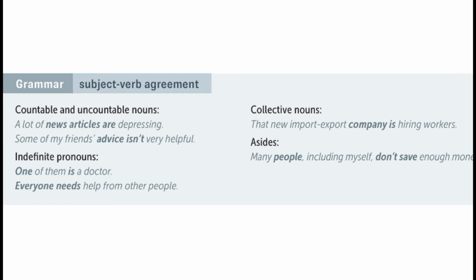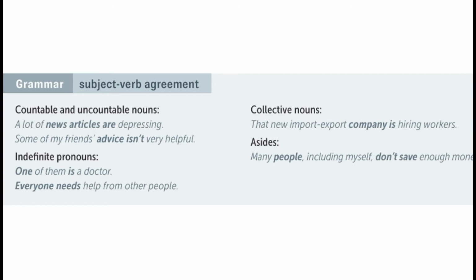Something that is like an example. Many people, including myself, don't save enough money. So in this situation, I'm talking about many people, including myself. I use the verb in the plural, all right? Because the subject agrees with the verb. People, plural. People don't save enough money, right?